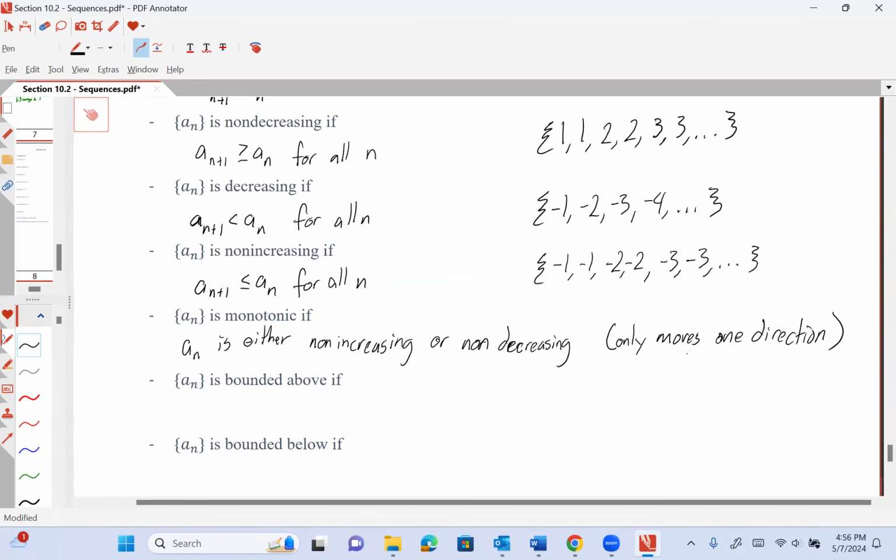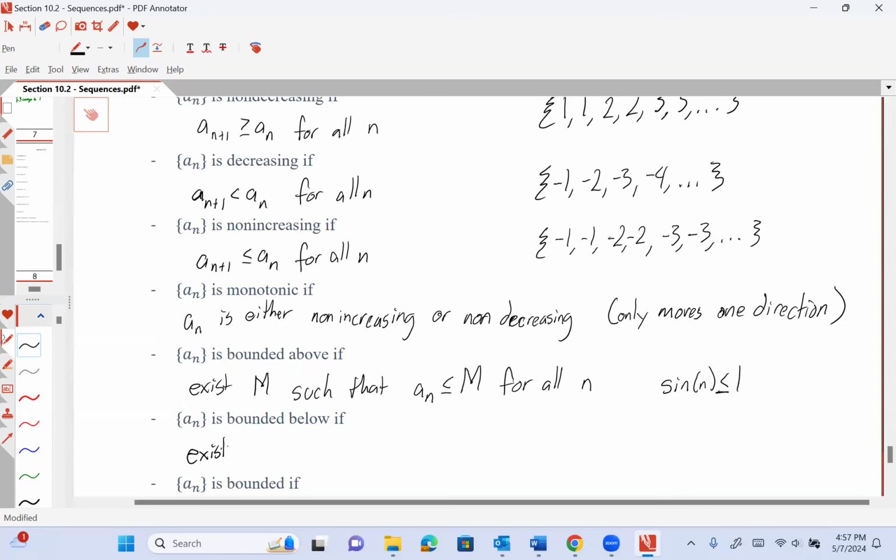Bounded above means there exists some number m such that a sub n is less than or equal to m for all n. This is like how sine is always less than or equal to 1. Since sine n is always less than or equal to 1, sine is bounded above by 1.